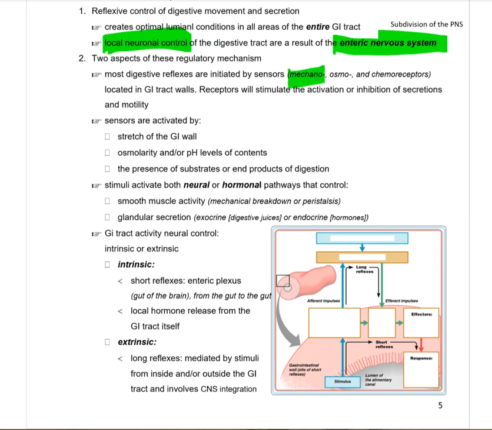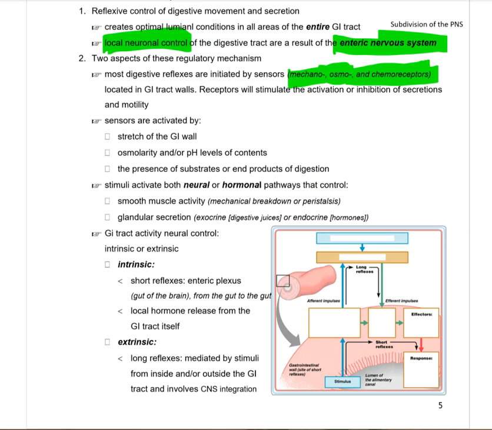So if you put food in an area, you will feel it against the wall of the GI tract. Osmoreceptors are water or liquid receptors, right? How many dissolved solutes are in that water? And then chemoreceptors, looking for specific chemicals. Maybe it's sodium, maybe it's sugar, maybe it's pH.